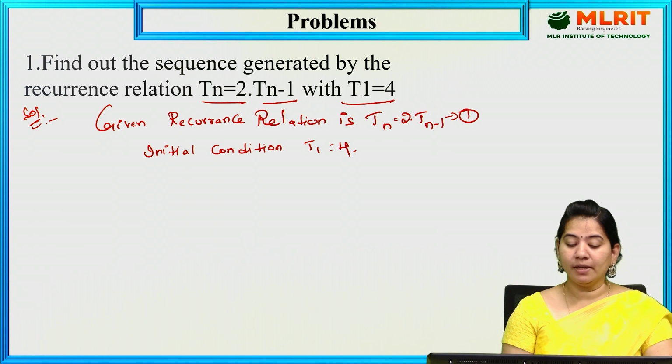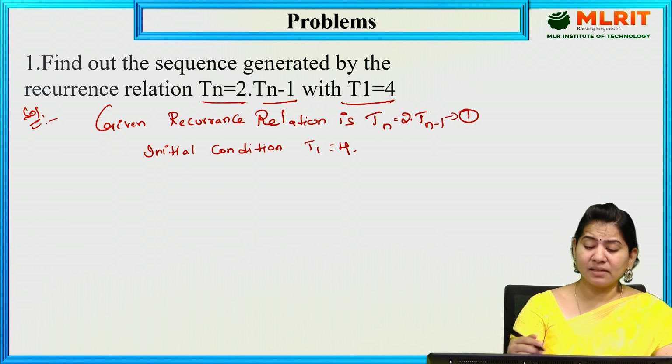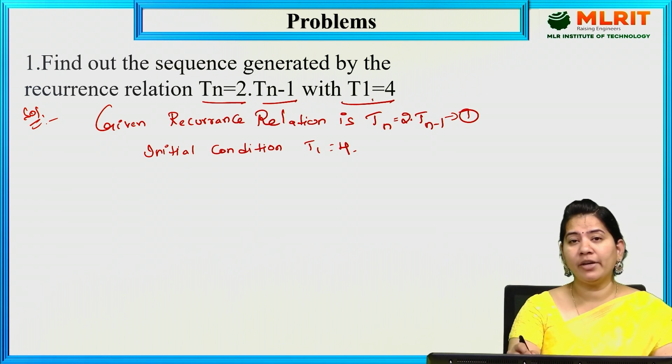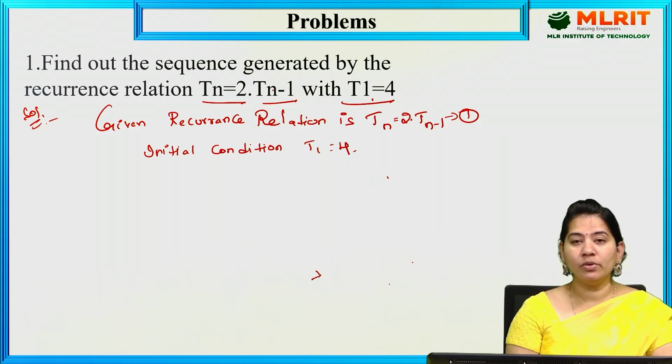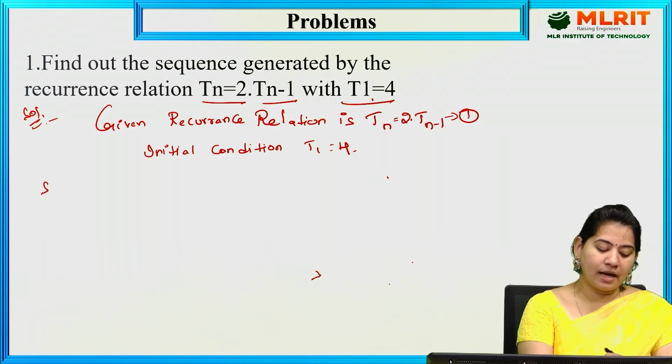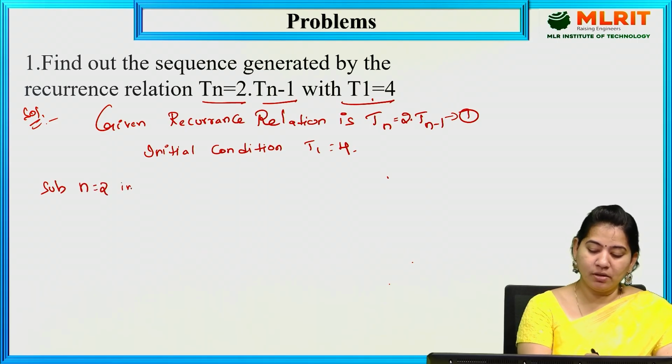Since they have given the T1 value, we have to use it in the given recurrence relation. To get from T1, we need T2, so substitute n is equal to 2 in equation 1.